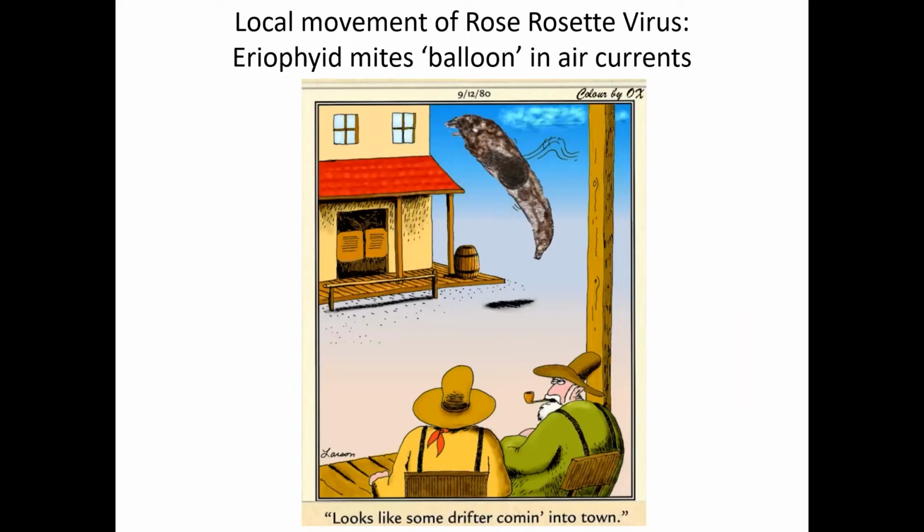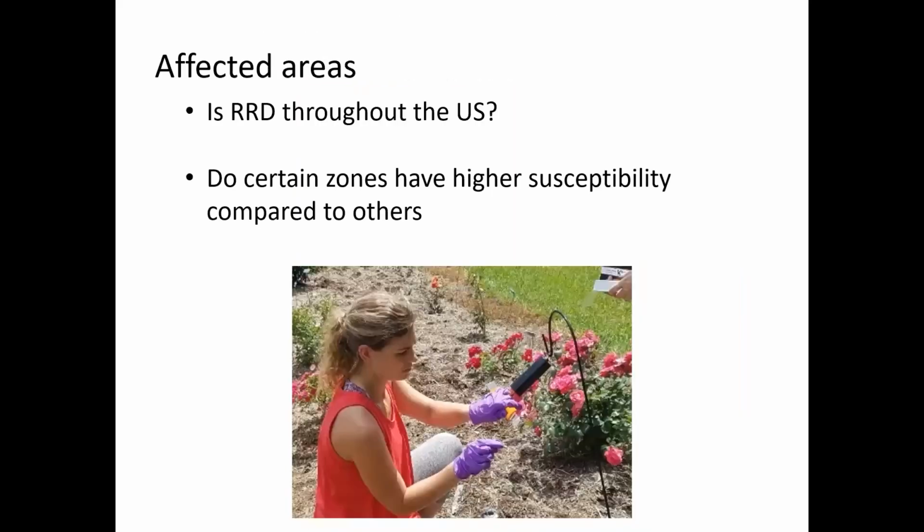As it shows here, look, some drifters coming into town. That's exactly what can happen, but this is considered short distance spread. When I say short distance spread, we're talking hundreds of yards to a couple of miles, okay? Where long distance spread would be like from Ohio to California, or from California to Florida.